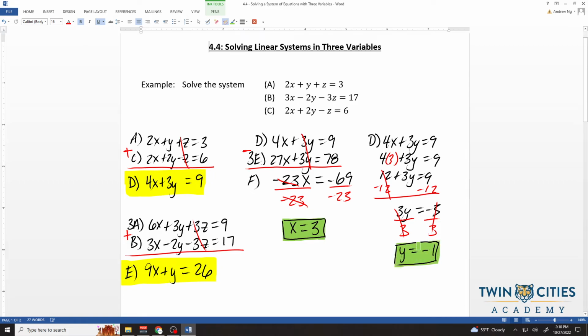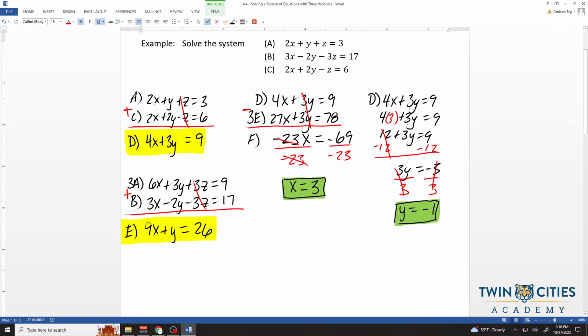Lastly, I've got to solve for z. So I've got x, I've got y. I found y by taking a step back to D and E. I'm going to take one further step back to my original A, B, and C. And I'm going to pick one of these and plug in x equals 3 and y equals -1.